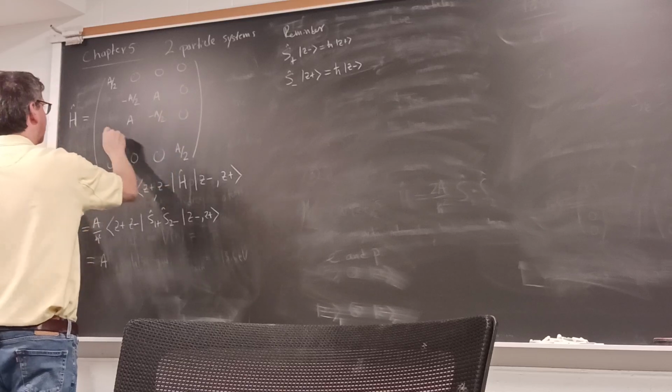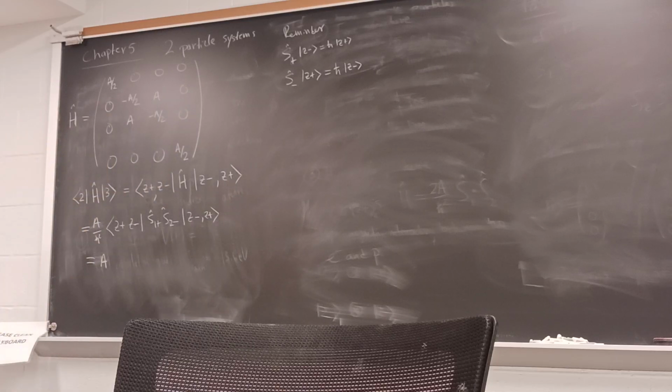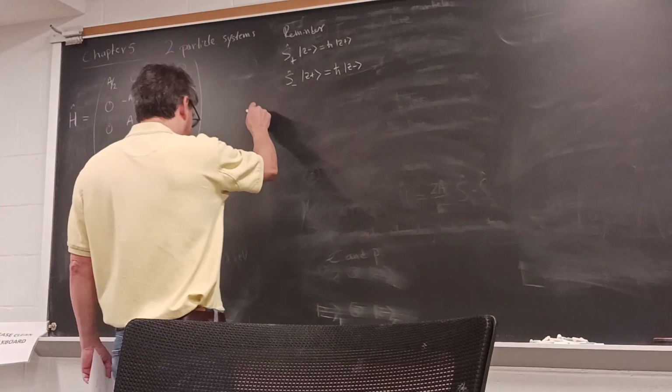And then the rest are zeros. So if you calculate them, that's what you'll get. All right, so now all we have to do is calculate the eigenvalues and eigenvectors of that matrix.